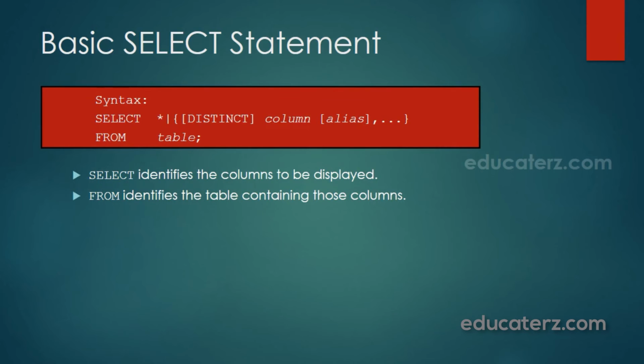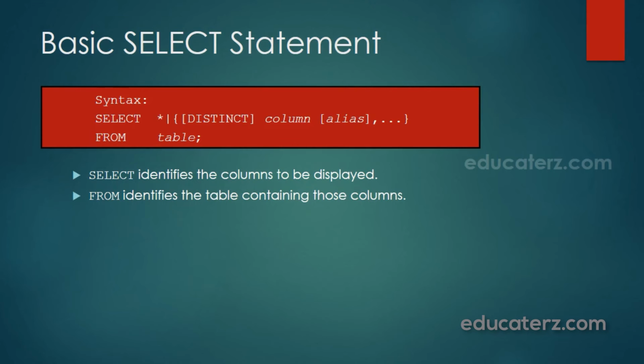Basic select statement syntax. Select is a reserved word. Star indicates all columns, or you can have distinct, which is also a reserved word. Column name, alias is nothing but another name for the columns, and we have different columns.